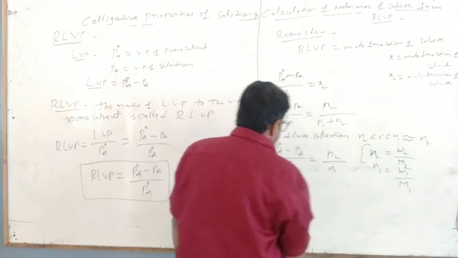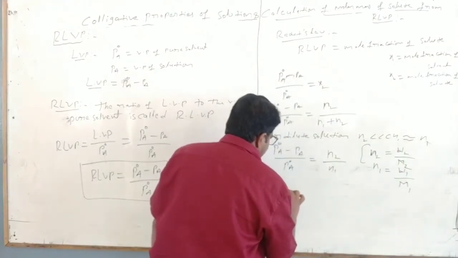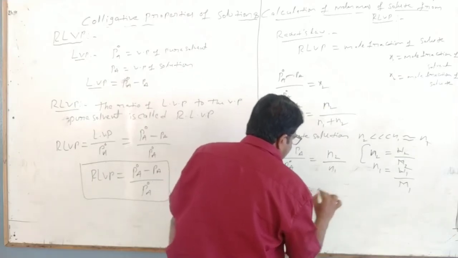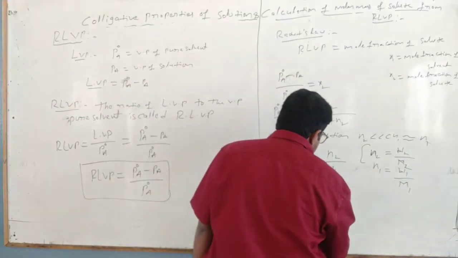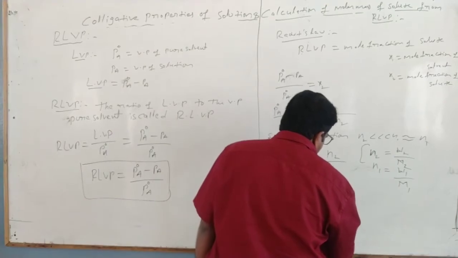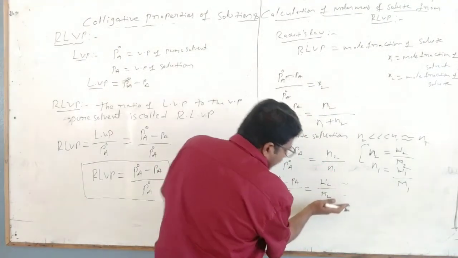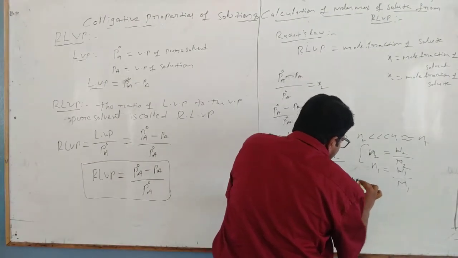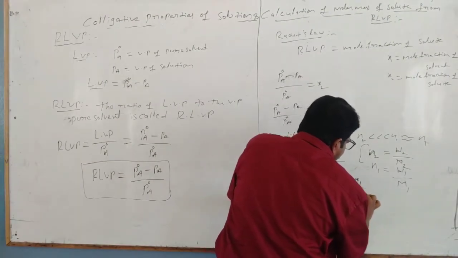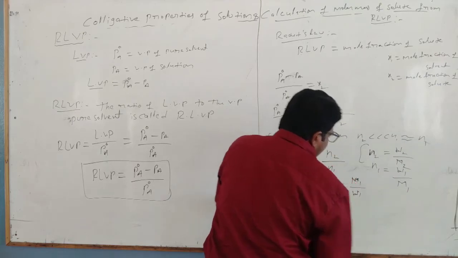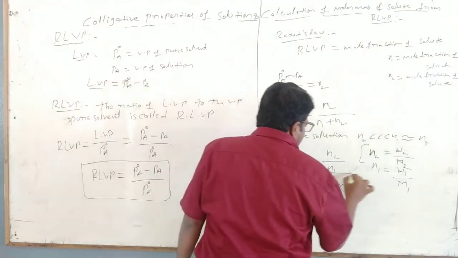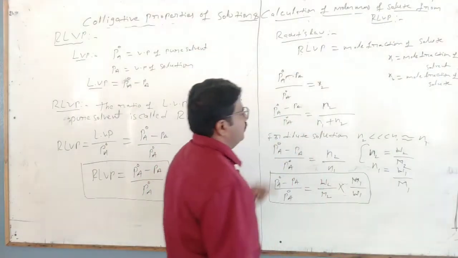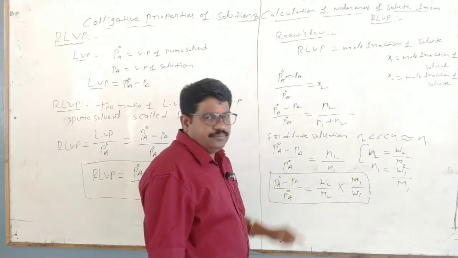Now substitute these two values here. P naught A minus PA by P naught A is equal to W2 by M2 into M1 by W1. This is the relative lowering of vapor pressure and mole fraction of the solute relation.